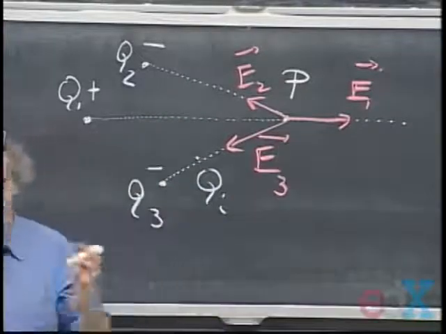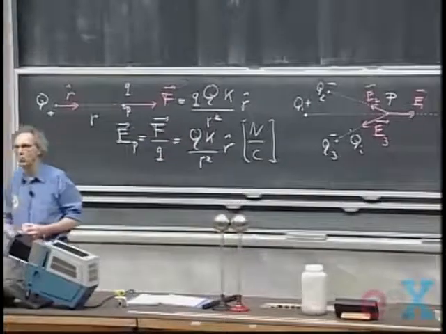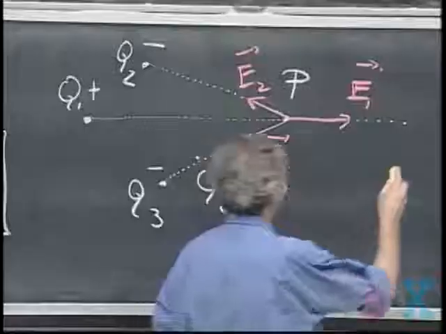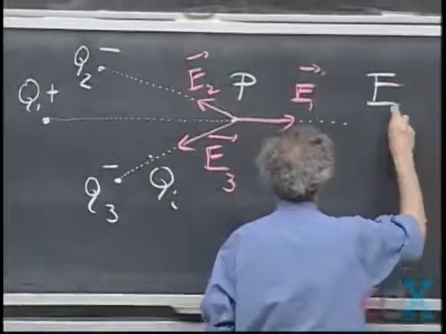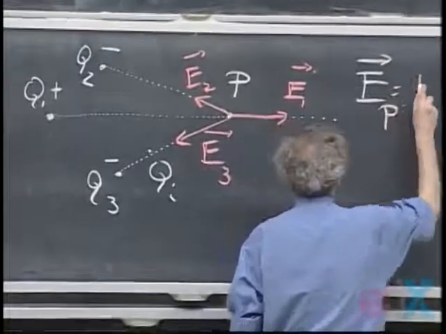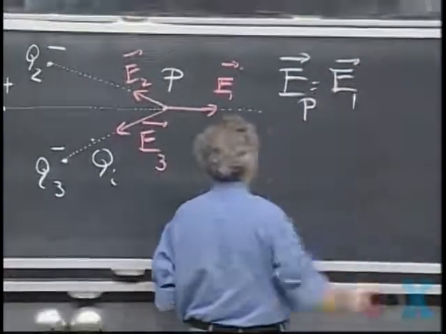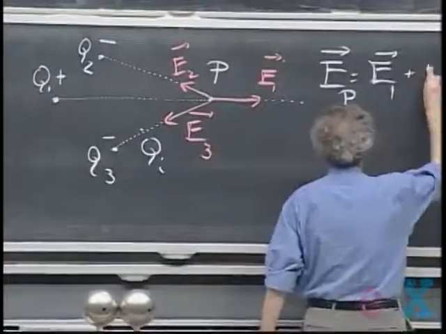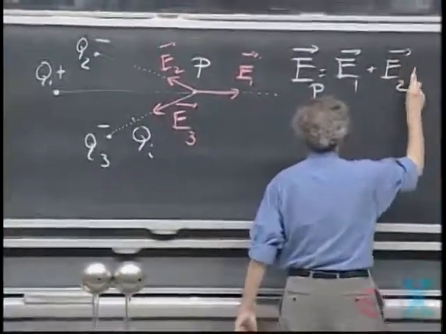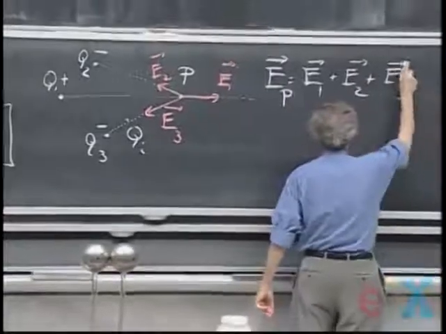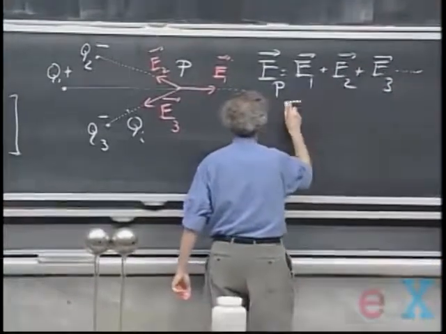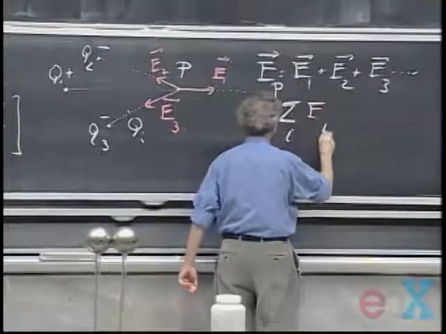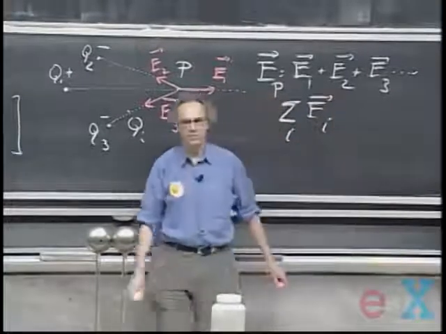Now we use the superposition principle, as we did last time with Coulomb's law: the net electric field at point P, it's a vector, is E1, the influence of charge Q1, plus the vector E2, plus E3, and so on. And if you have I charges, it is the sum over all I charges of the individual E vectors.